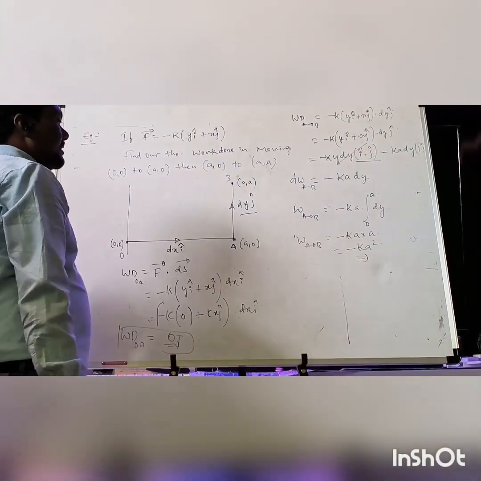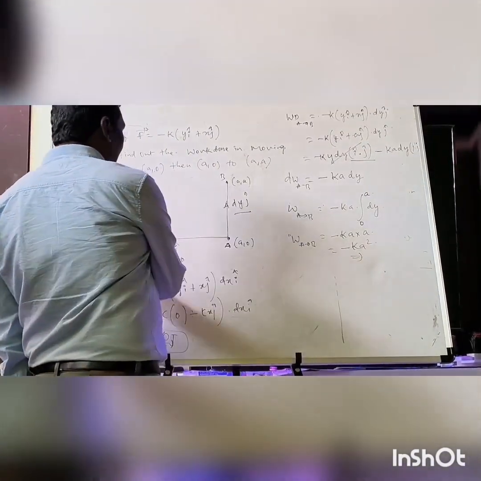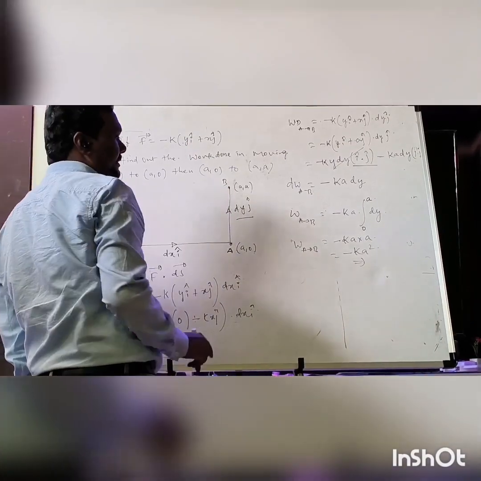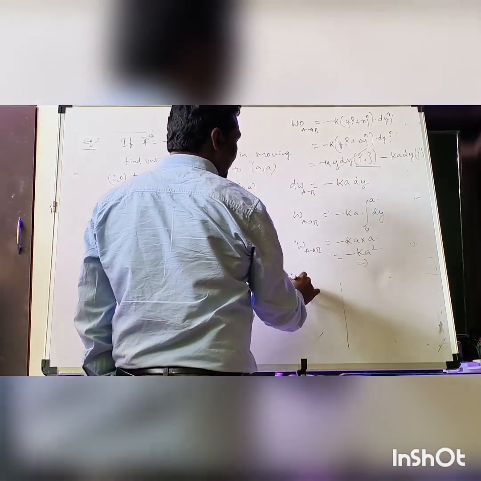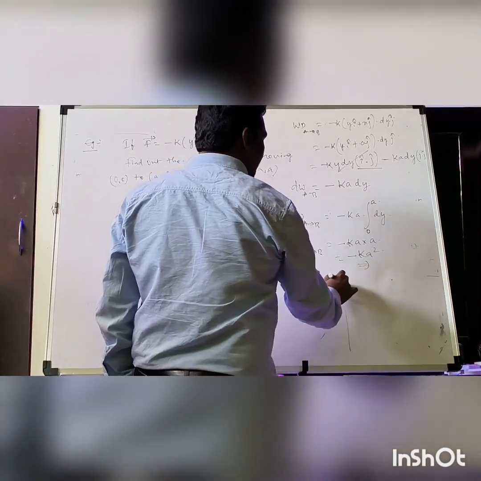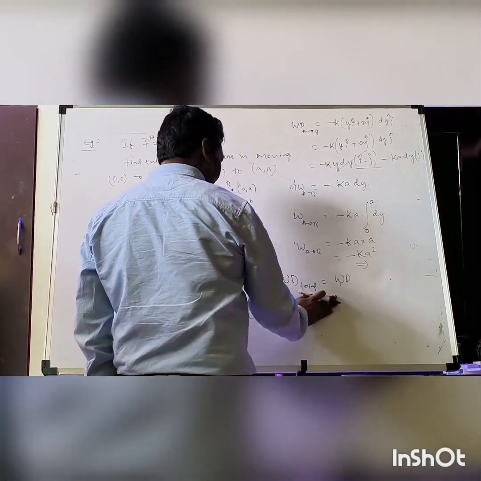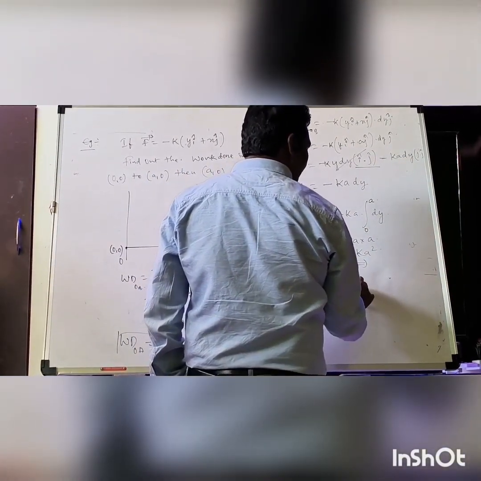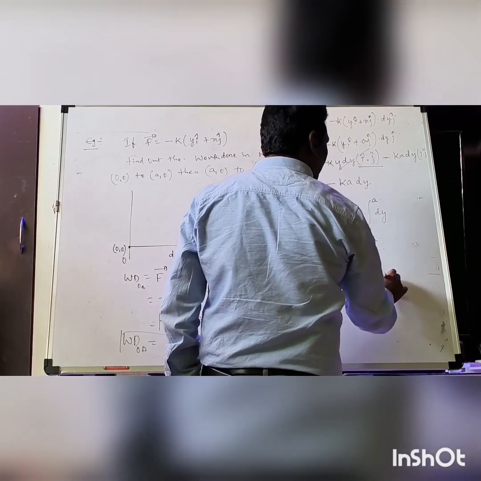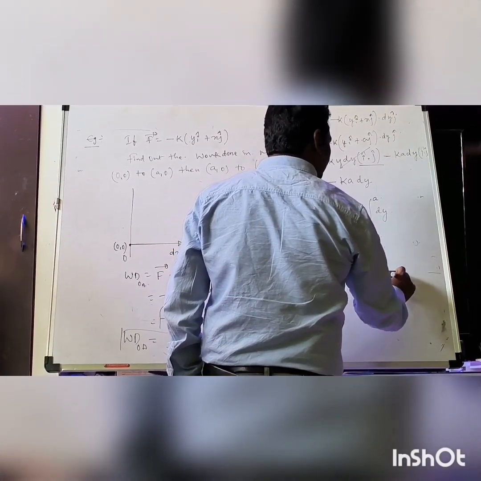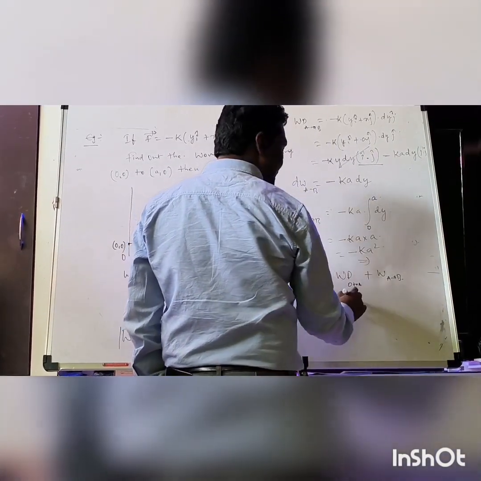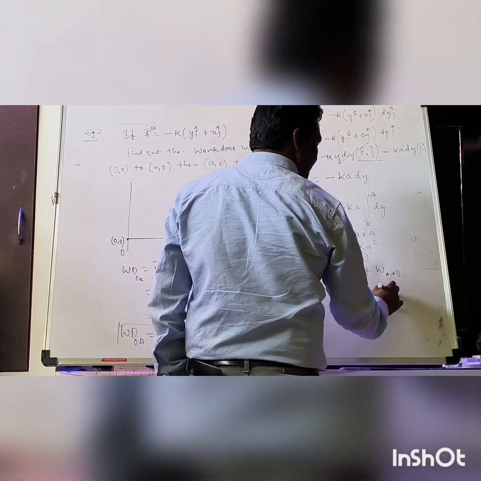Now what is the total work done? Total work done is the work done from O to A plus the work done from A to B. The work done from O to A is 0 joules, plus minus k a square.